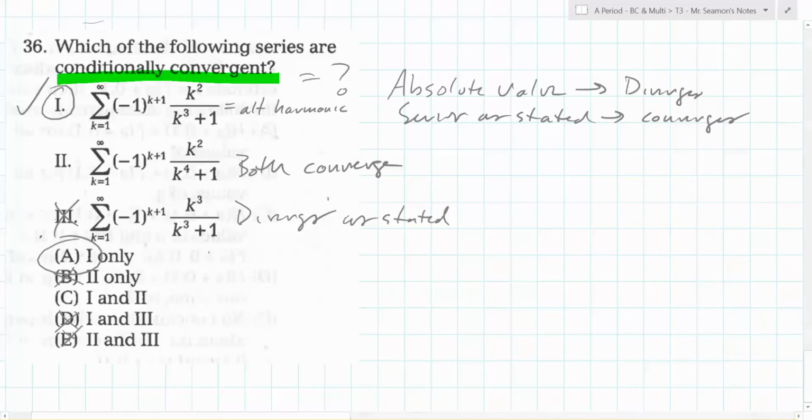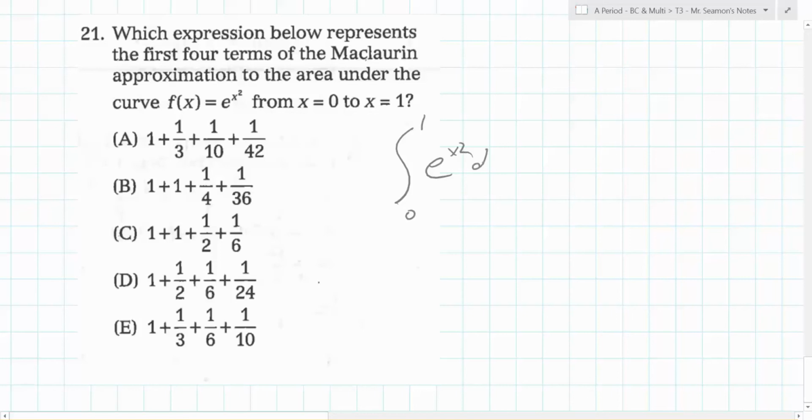Hey, nice, good job. The integral of e to the x squared dx. But instead of e to the x squared, we need to write that as the Maclaurin approximation. So first of all, you have to remember, what is e to the x? It keeps going.